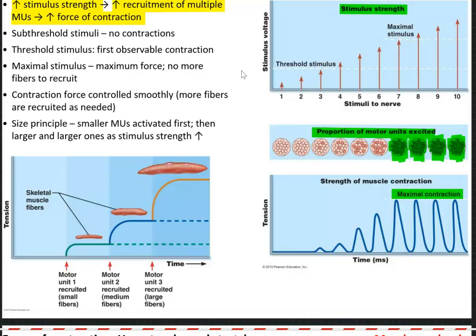First, motor units that are activated are smaller ones. Then we go to larger and larger, and the largest motor units are activated last.